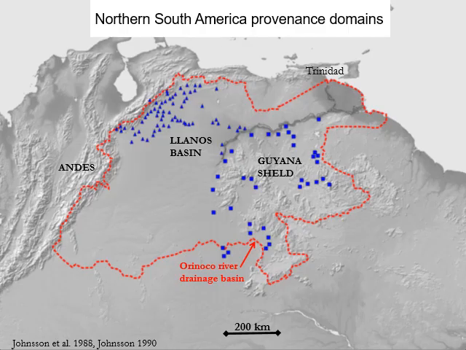So considering the parent rock from which these sandstones originate, let's use this map to summarize some of these major domains. So to the west, we have the Andean mountain belt. The Andean mountain belt, you would appreciate, is a very young mountain belt characterized by very high rates of erosion. Towards the east, I previously mentioned the Guyana Shield, a cratonic belt characterized by very slow rates of erosion, but very intense chemical weathering, producing a very mature suite of rocks.